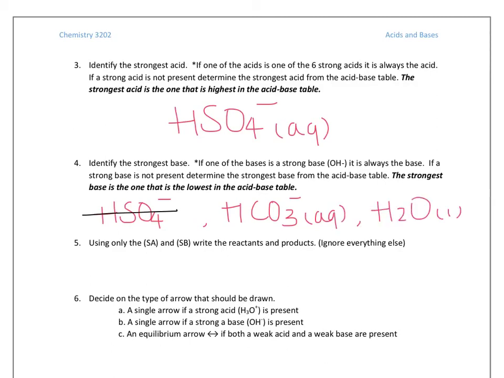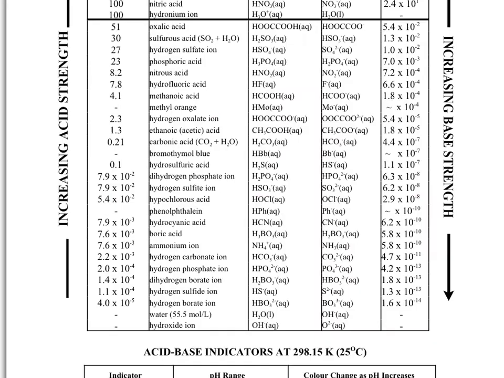Since we do have 2 possibilities, we now need to go to our acids and bases strengths table to find the strongest base. Please note that the table is set up so that the weakest base is at the top and the strongest base is at the bottom. This is the opposite of how it's set up for the acids.